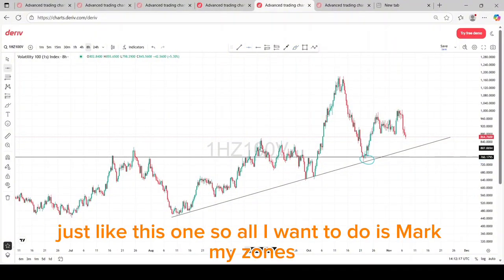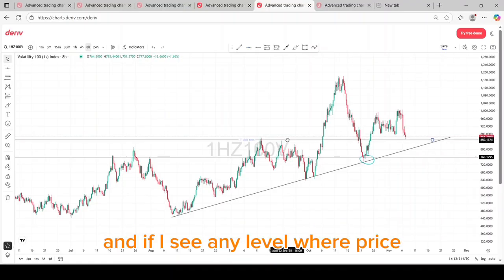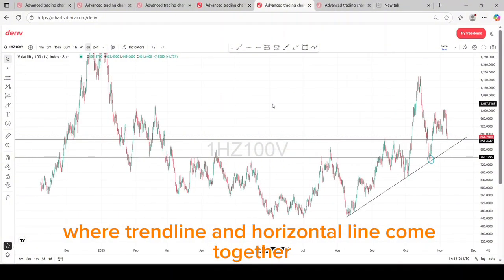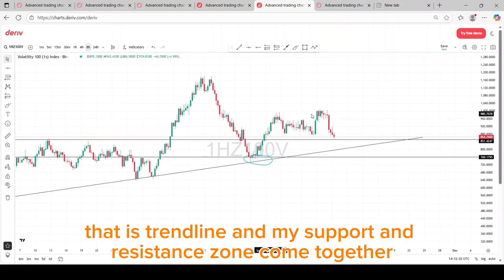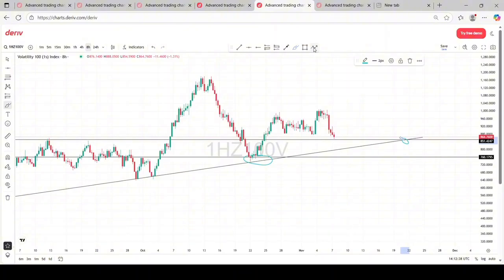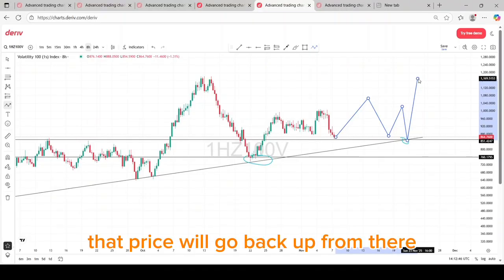So all I want to do is mark my zones, and if I see any level where trend line and horizontal line come together, that is trend line and my support and resistance zone come together, that would be my next strong point, right? So if price moves to that level, I am more confident that price will go back up from there.